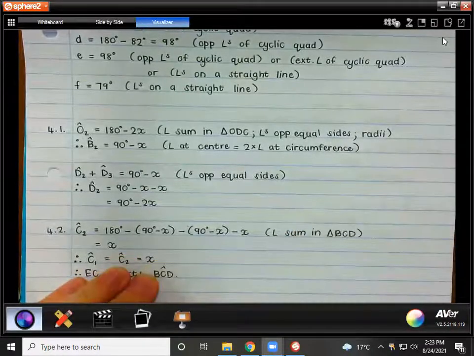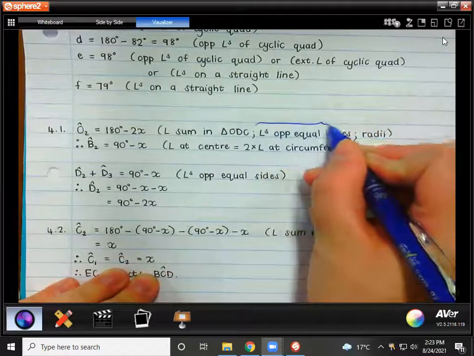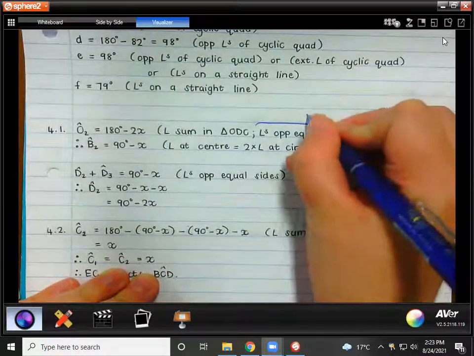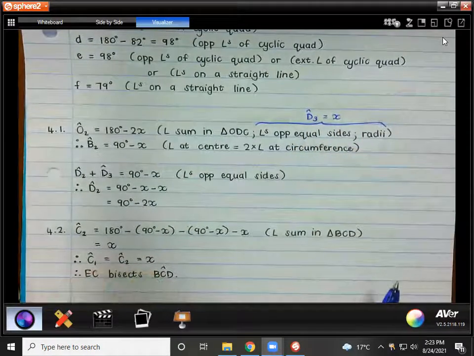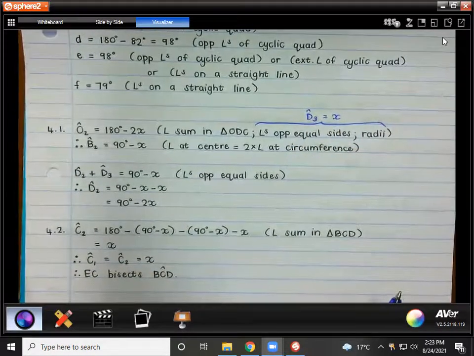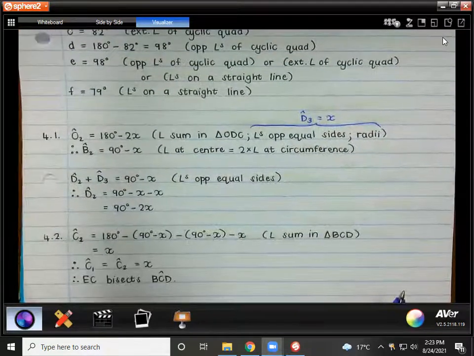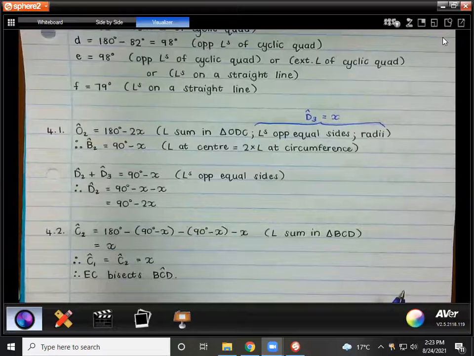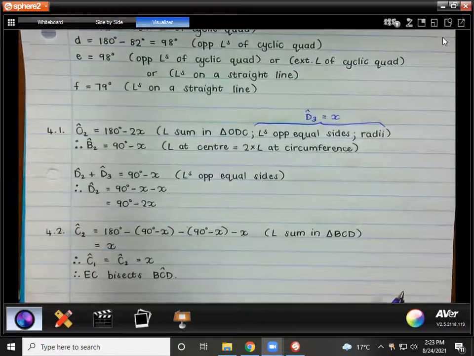Okay, these 2 reasons are actually because of D3 being equal to X. Okay, so it's fine if you wrote that as 2 separate steps. If you first said D3 is equal to X, angles opposite equal sides, radii. Next line, O2 equals 180 minus 2x, angle sum in triangle.